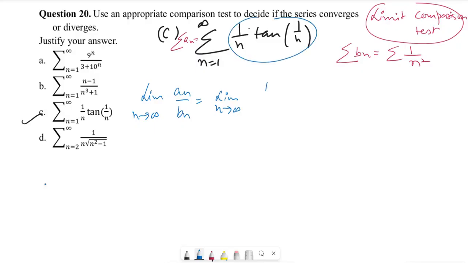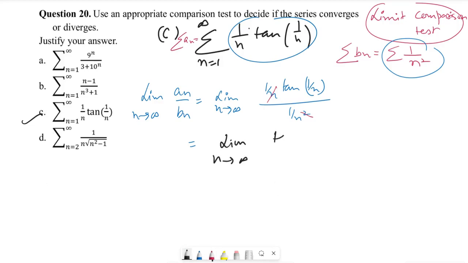An is (1/n) tan(1/n) divided by bn, which is 1/n². One factor of n will cancel, and this will be the limit as n approaches infinity of tan(1/n) divided by 1/n. This is equal to 1 from our special limits.